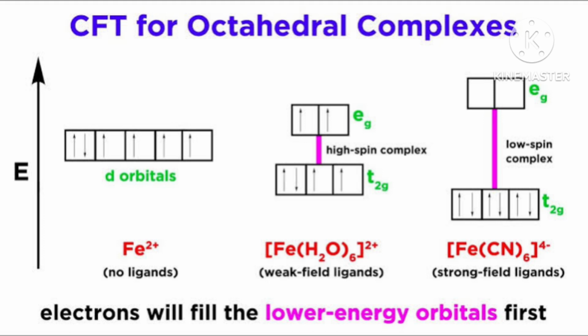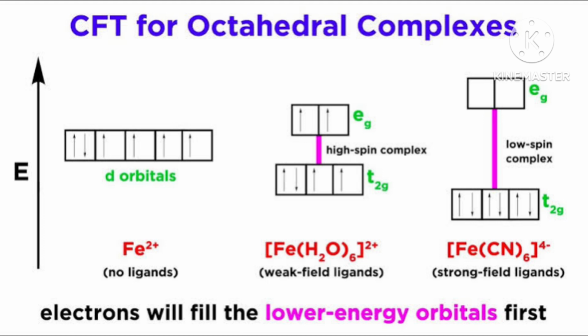Iodide is less than bromide, bromide is less than thiocyanide, and thiocyanide is less than chloride ion, and chloride ion is less than S2 minus, and S2 minus is less than fluoride ion. Now again, listen: F minus is less than OH hydroxyl ion.